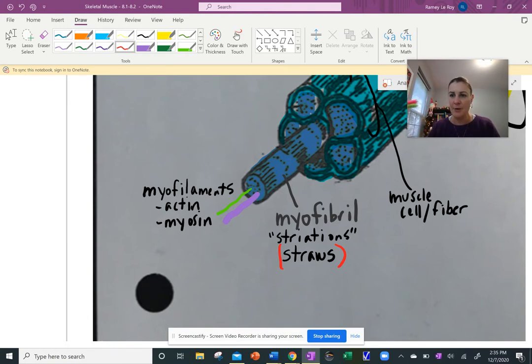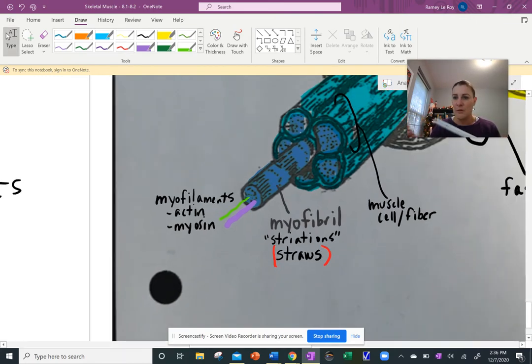Anyway, you guys, I put a bunch of craft materials in the bags that you're going to pick up, and you're going to be making your own 3D model of a skeletal muscle. Back to my myofibrils. So the myofibrils are the straws. And then remember, I started with the innermost connective tissue, and so that's the endomysium.